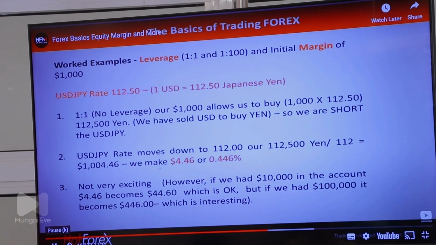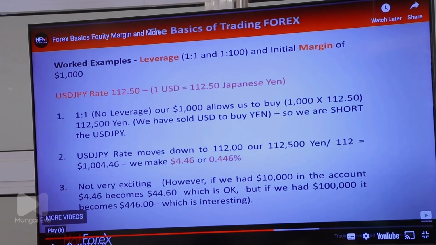So on this particular trade, where the rate has moved from 112.50 to 112.00, we've made $4.46 without any leverage, or a return of less than 0.5%, 0.446%.